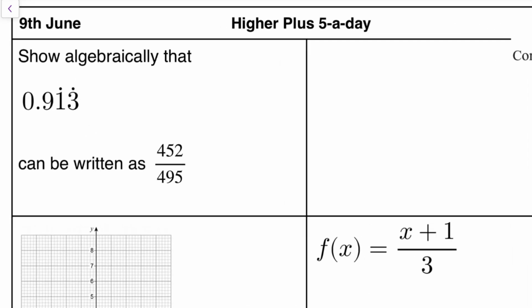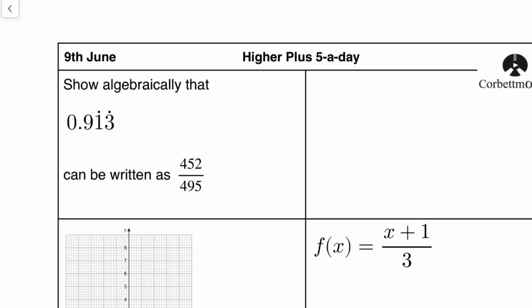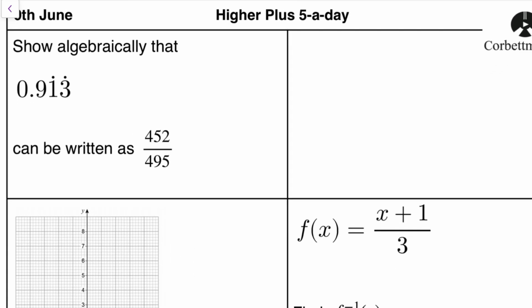So the first one looks like a typical textbook style question where they just want you to do a certain thing. So I'm going to say, let's bring the screen back. I'm going to say that x is equal to 0.913 recurring. Then I'm going to notice there's two numbers that are recurring. So I'm going to multiply by 100, which means that 100x is equal to 91.313 recurring.